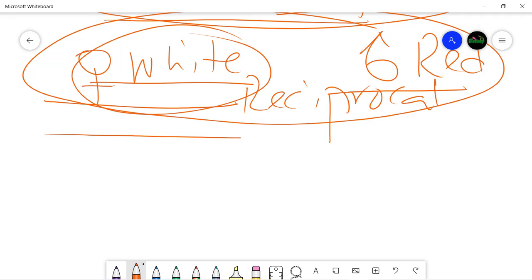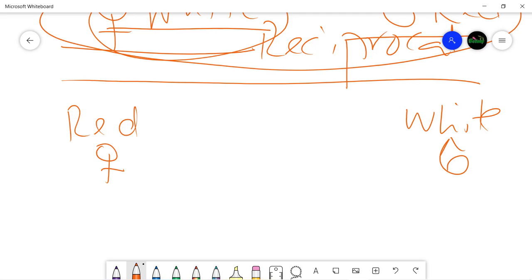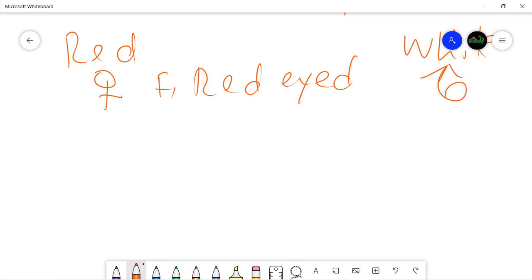Also, Morgan found out that when he made his initial cross, a red-eyed female with a white-eyed male, the F1 were all red-eyed. And in the following cross, this was F1, and then in F2, what he found was 3:1.